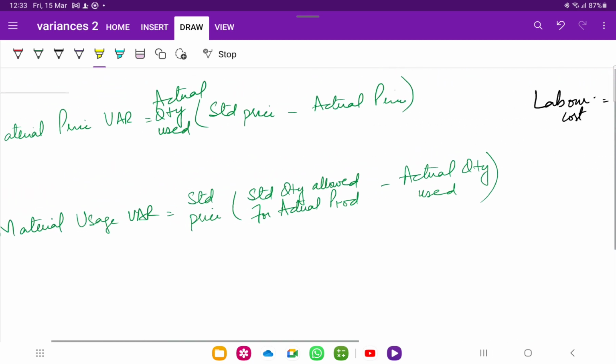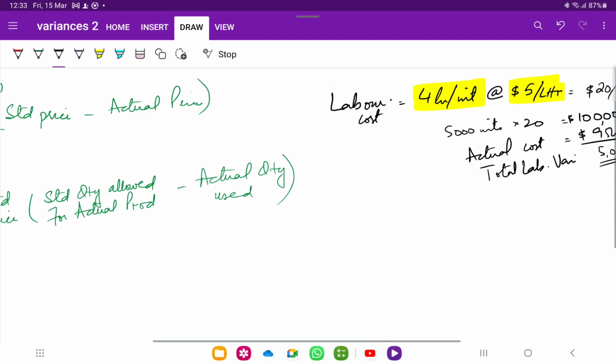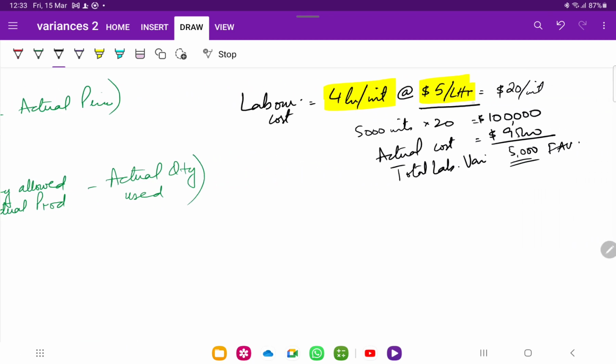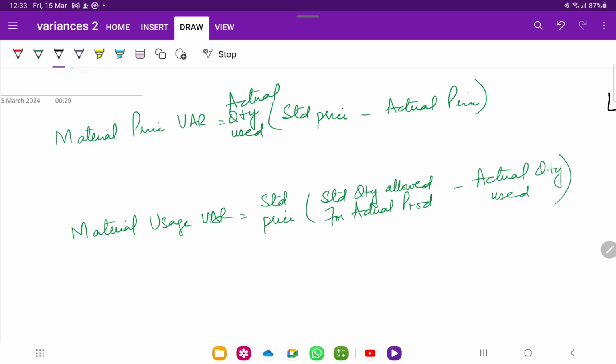So if I want to write the labor formula, it's exactly the same as we used for material variances. In case of labor, we don't pay labor price, we pay labor rate. So instead of writing material price variance, we will write labor rate variance.